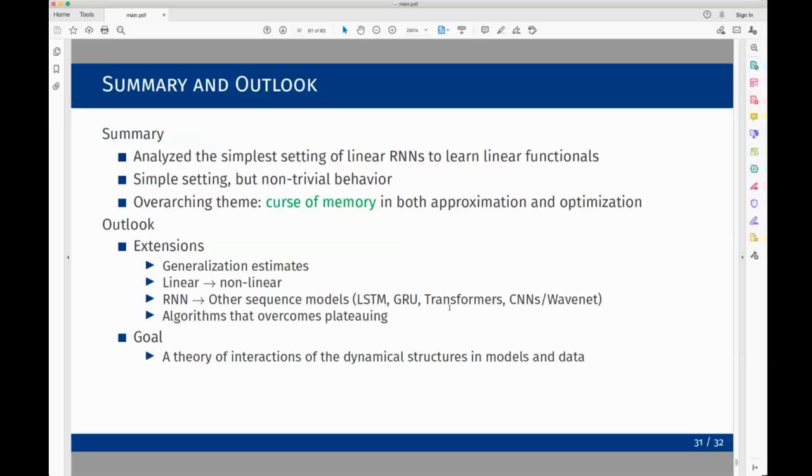Our final goal is to come up with a theory of interactions of dynamical structures in models and data. The model itself is not enough to make the whole story complete, because the temporal structure carried by the data itself, like the memory effect, is very important in determining our final learning performance.